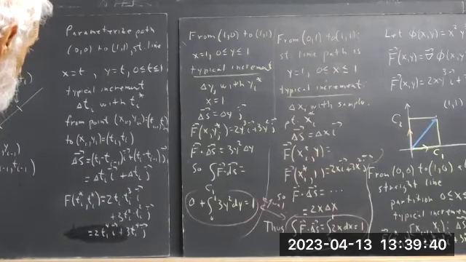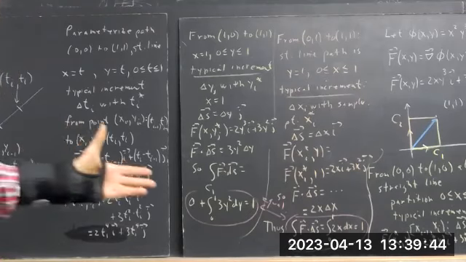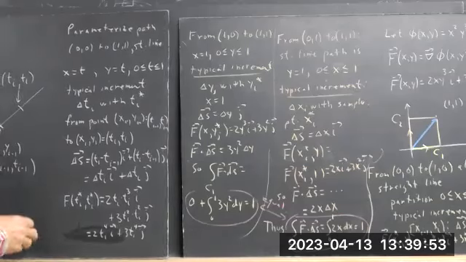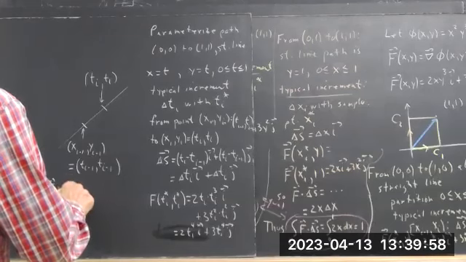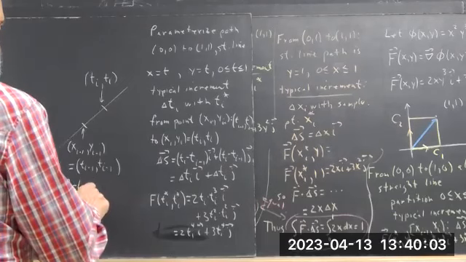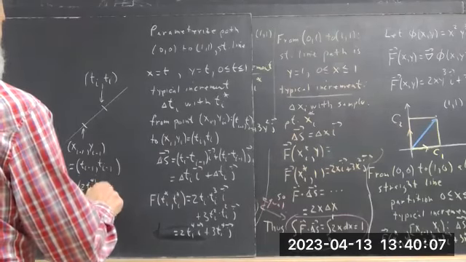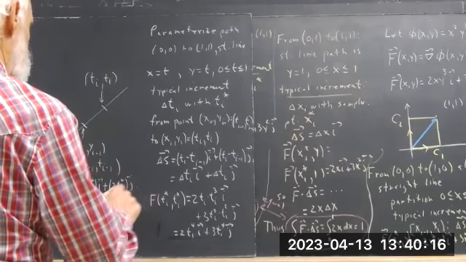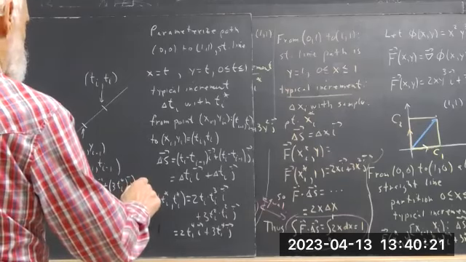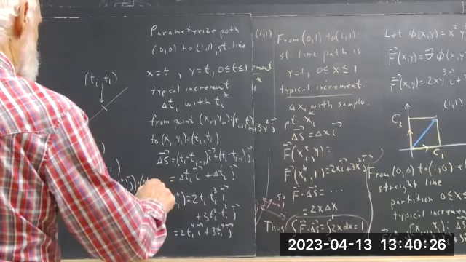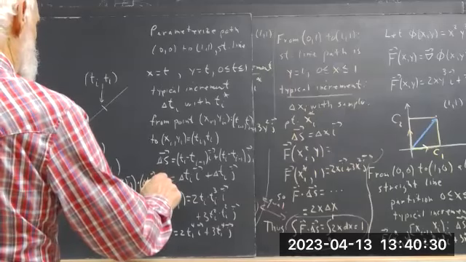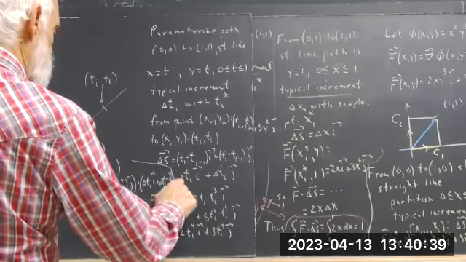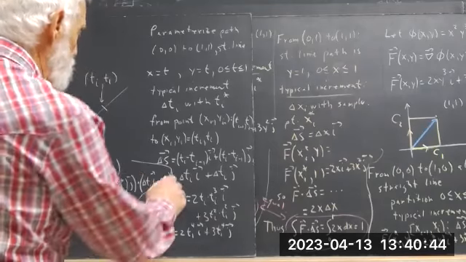Well, what we want to integrate is F dot ds, F dot delta s. Delta s is delta t_i times the i vector plus delta t_i times the j vector.